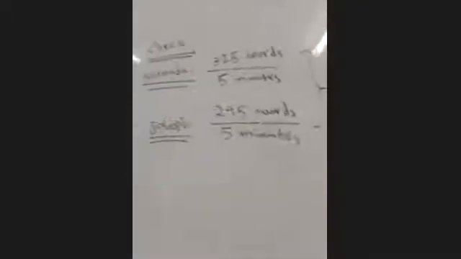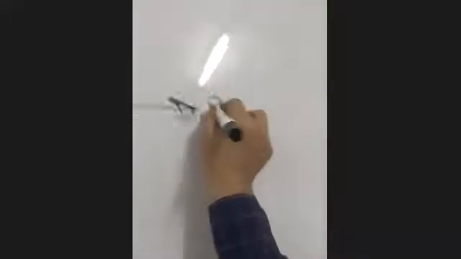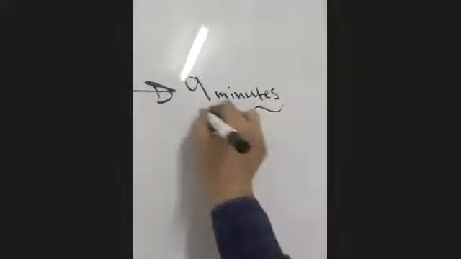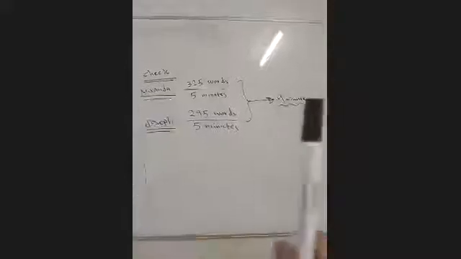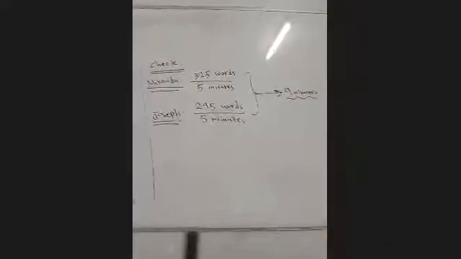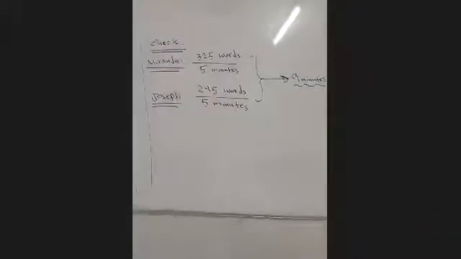So here, to know how many more Miranda can type than Joseph in 9 minutes, we'll see how much Miranda can type in 9 minutes and how much Joseph can type in 9 minutes. Then we make what? Subtraction between them, right?